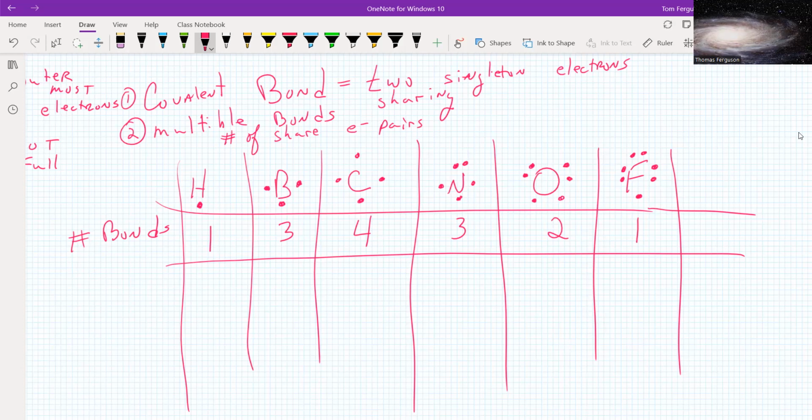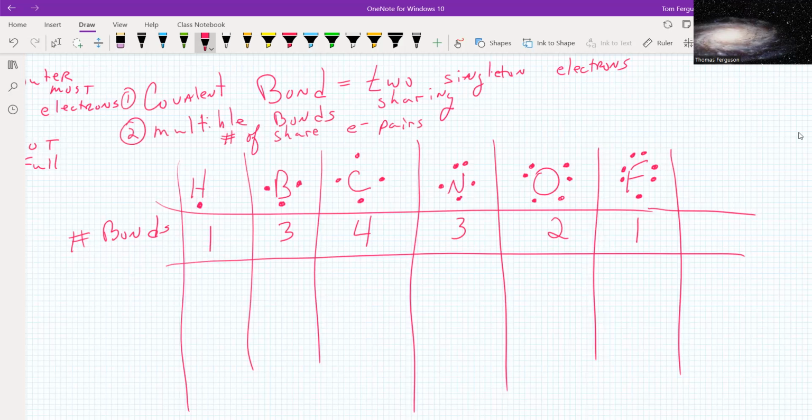Multiple bonds. You can have a single bond, a double bond, triple bond. When I say the word bond, I want you to think of 2 singletons paired up. So if carbon has a triple bond, it's got 3 bonds of 2.